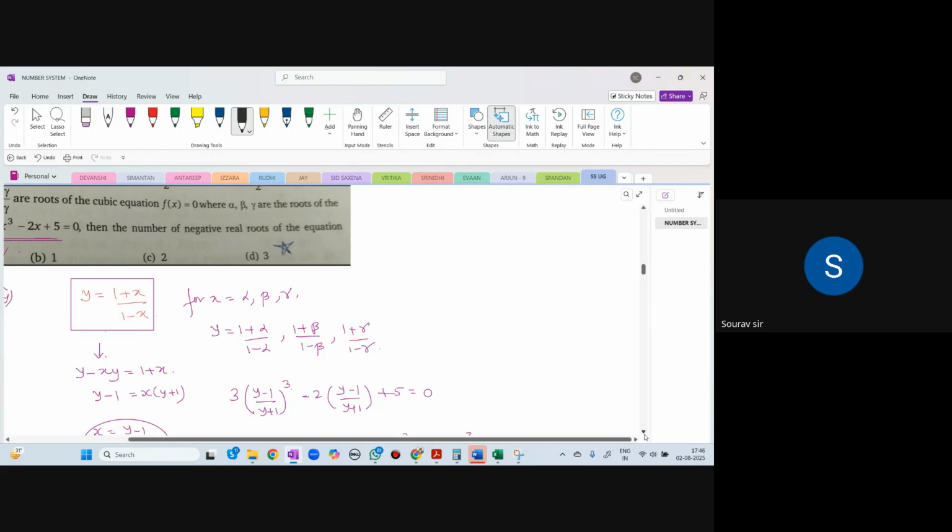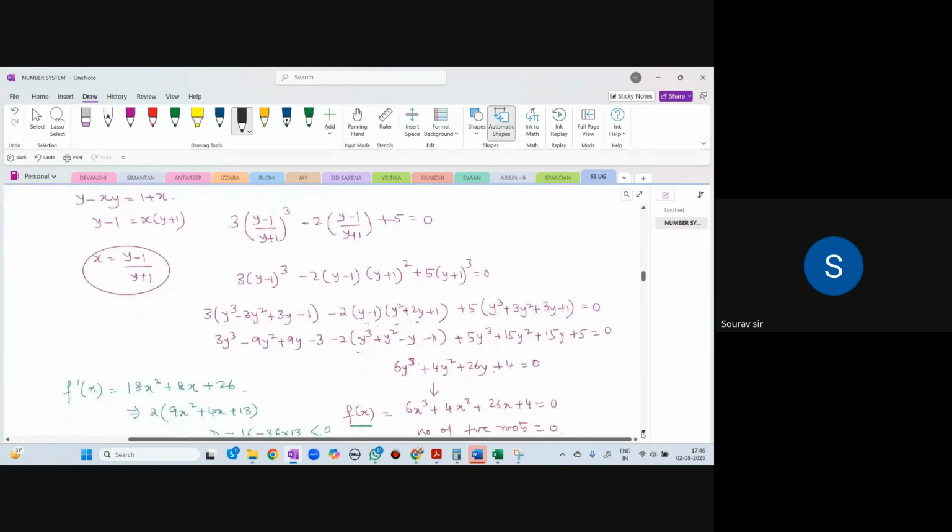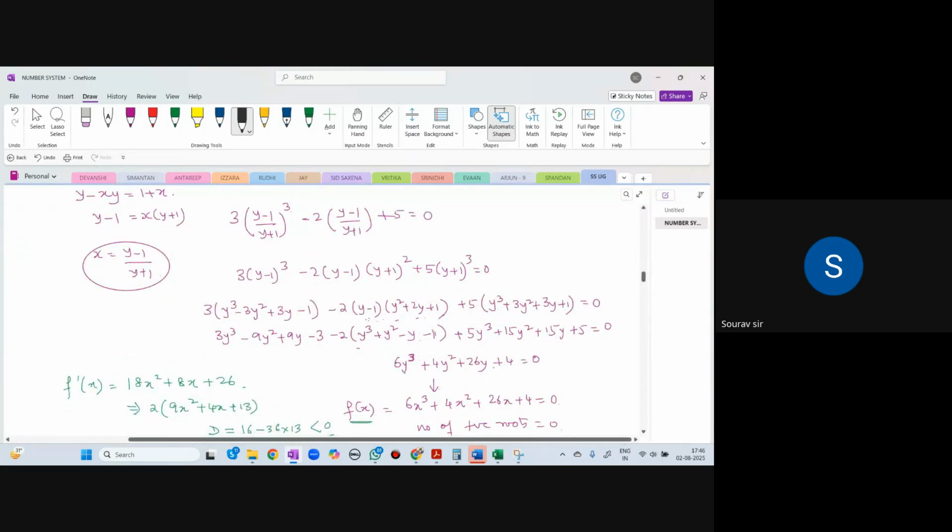Because unless you get f(x), you cannot determine the roots. So first you got f(y), then you got f(x) from there. Then you applied Descartes' rule and you applied f dash x. Combining the two, you can say whether it will have one root or 3.